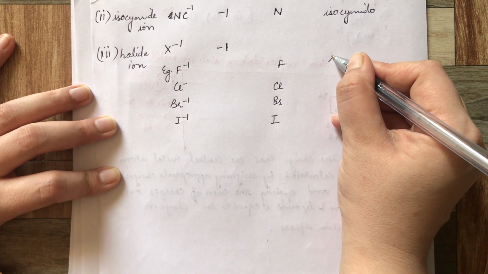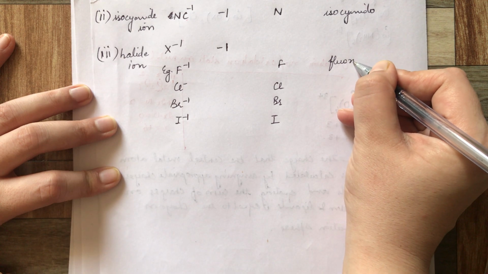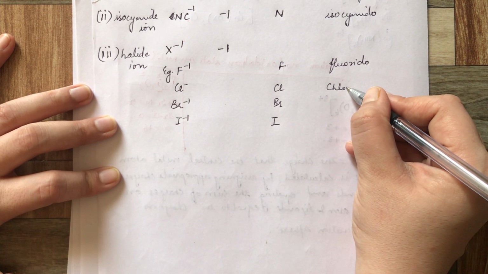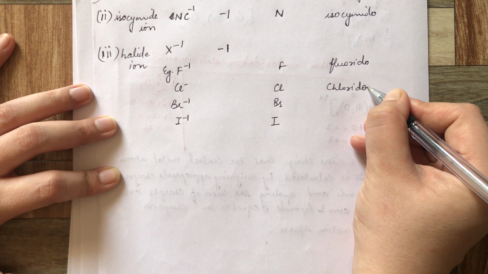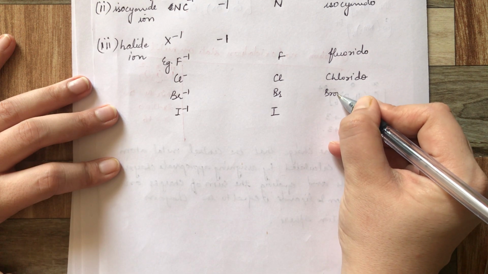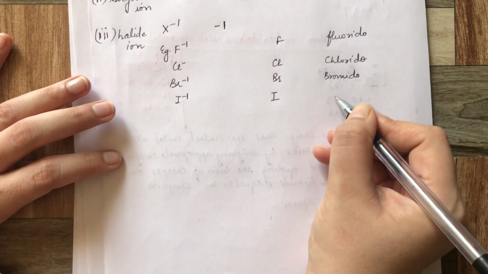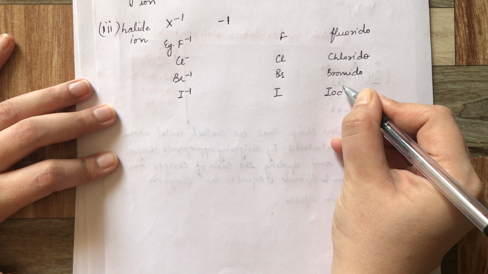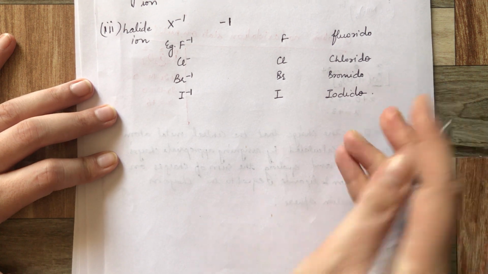So it will be called fluoro or fluorido. If chloride is used in coordination compounds, it is called chlorido. Bromide will be called bromido, and iodide ion will be called iodido.